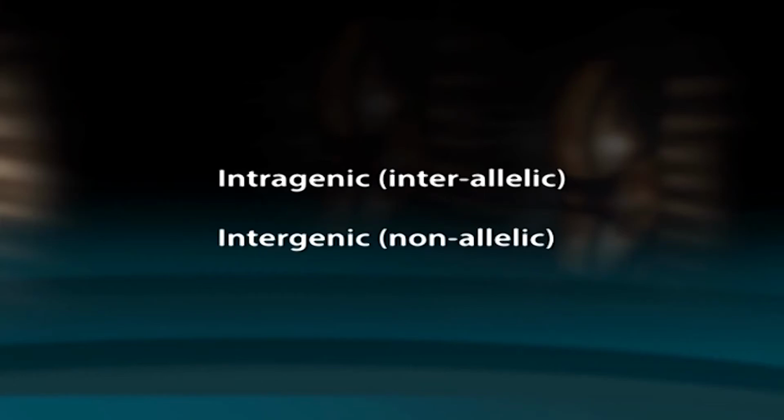There are two types of genetic interactions: intragenic, that is interallelic, and intergenic, that is non-allelic. In case of intragenic interaction, two alleles located on the same gene locus on two homologous chromosomes interact to produce a specific phenotypic expression.